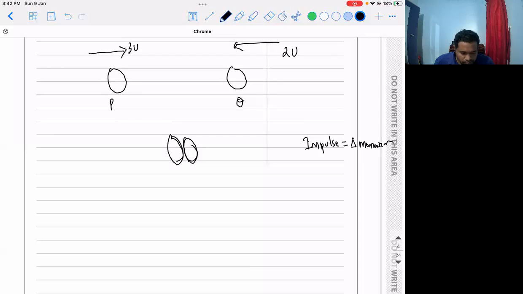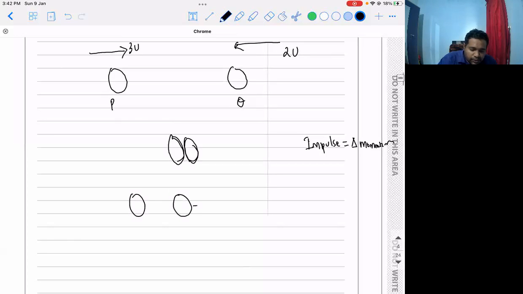Okay. So we are going to proceed with this idea. During this action, after the collision, the particle P is getting an impulse.